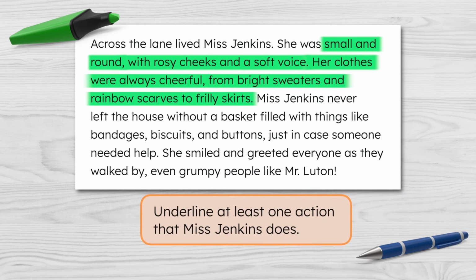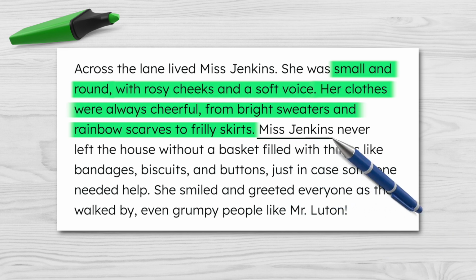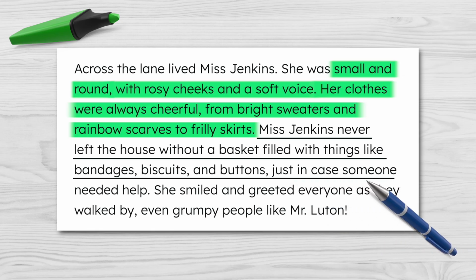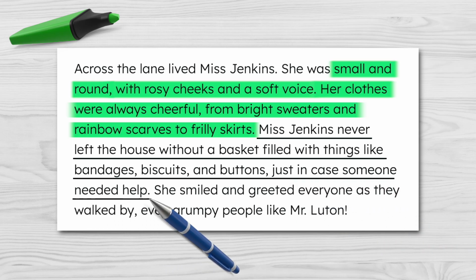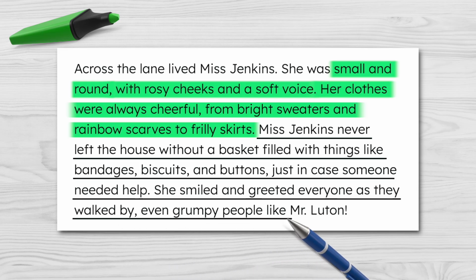Pause the video to underline at least one action that Miss Jenkins does. How'd you do? Here's an action. Miss Jenkins never leaves the house without her basket full of helpful items. And here's another one. Miss Jenkins always smiles and greets others as they walk by.